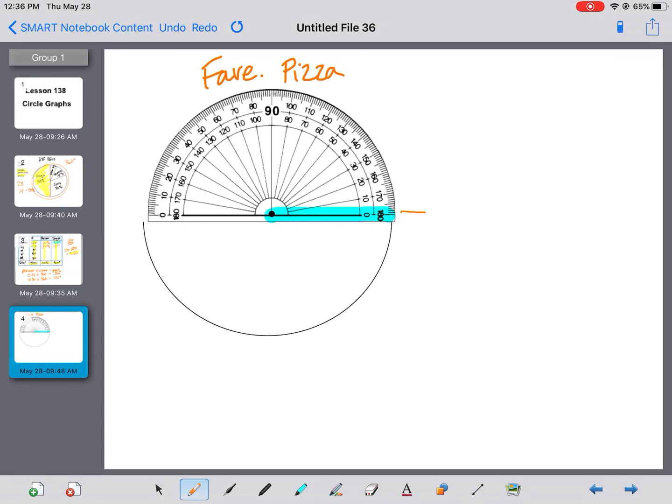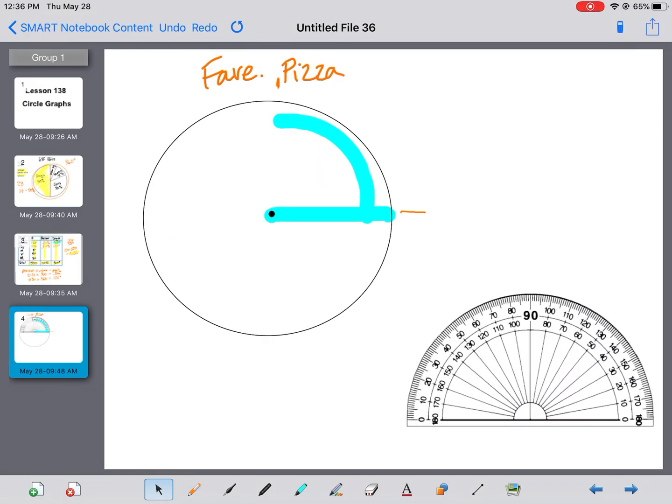That's going to be the bottom line of your section, okay? And then you have to get to 86 degrees. So start down at the 0, travel up to about where 86 degrees would be, and then draw yourself another line at about the 86 degree mark.